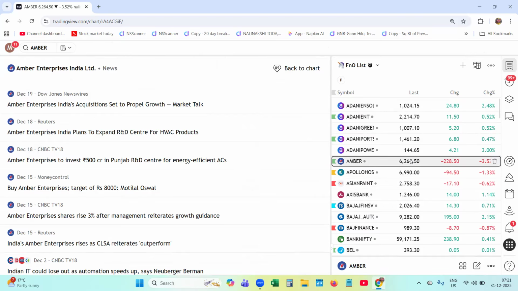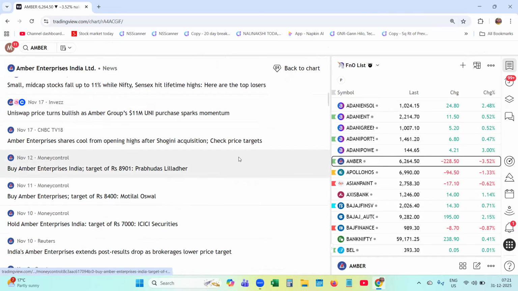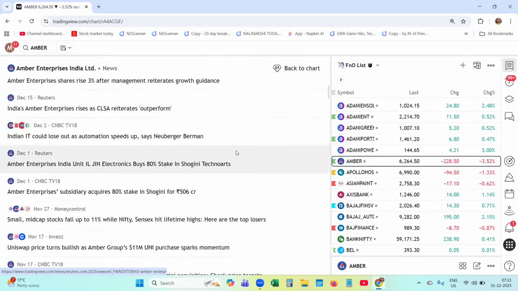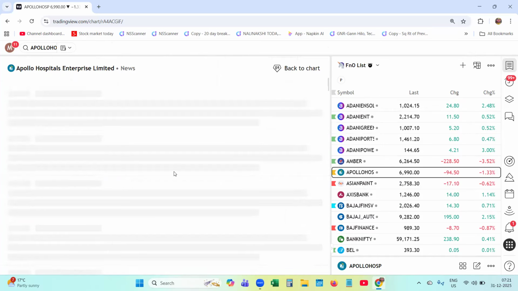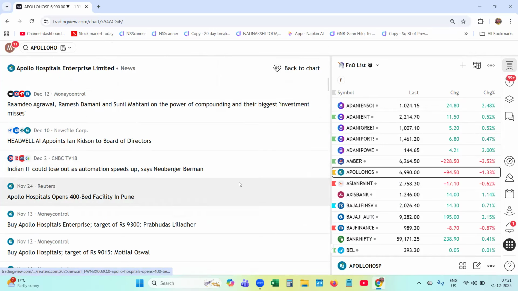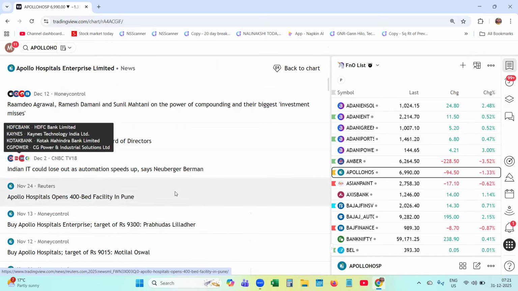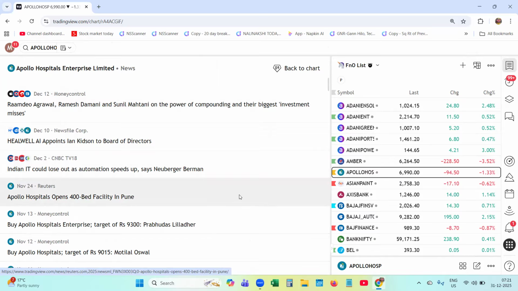That was on the 19th. It is not the latest news. We are not getting any latest news on Amber Enterprises. Apollo Hospitals, let us check. These are all old news. December 2nd, Indian IT could lose out as automation speeds up. Apollo Hospital, 400 bed hospital. They are all old news.